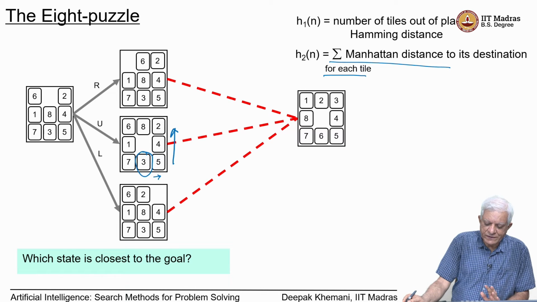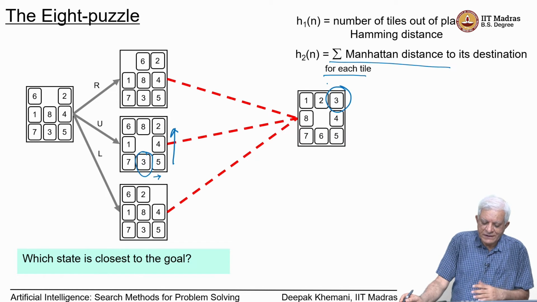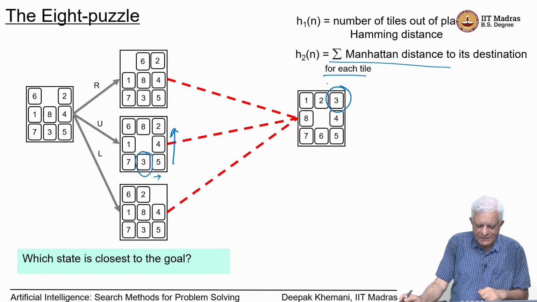So, it is 3 moves away from its destination. That is the Manhattan distance from its current location to its destination. Remember, the destination is in the top corner here. So, in Manhattan distance we add up these distances. In Hamming distance we simply count how many are out of place essentially.